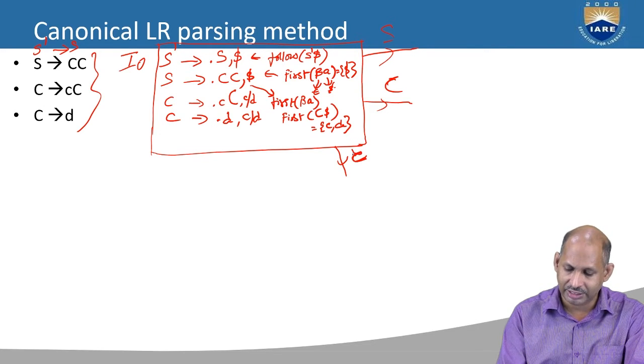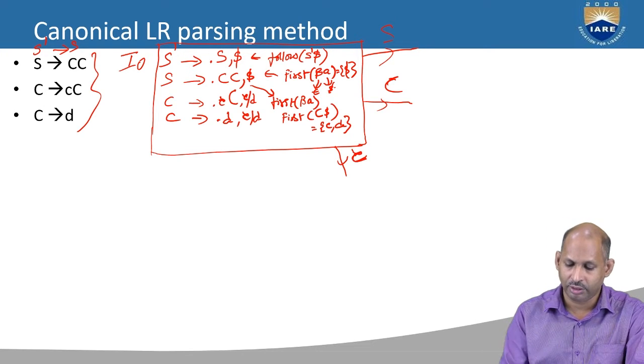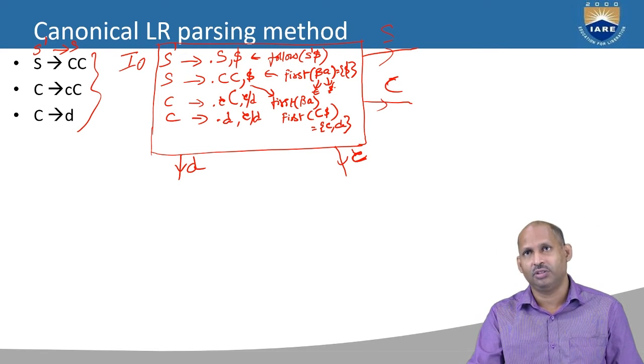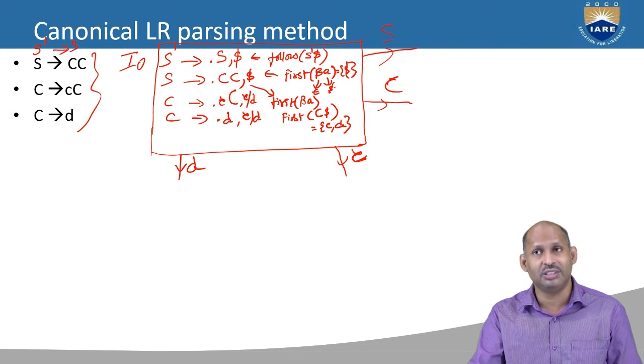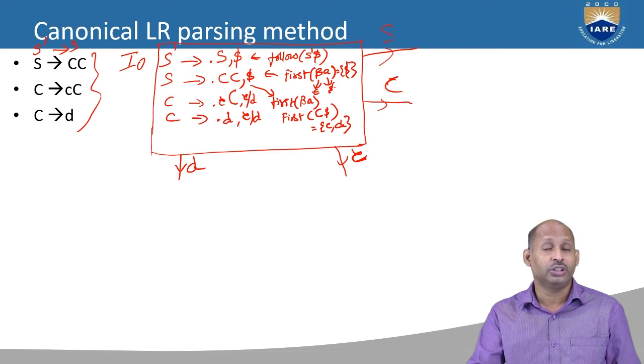I will mark it as terminal c to differentiate the variable and the terminal C. So there will be goto operations on variable C, variable S, terminal c, and terminal d.